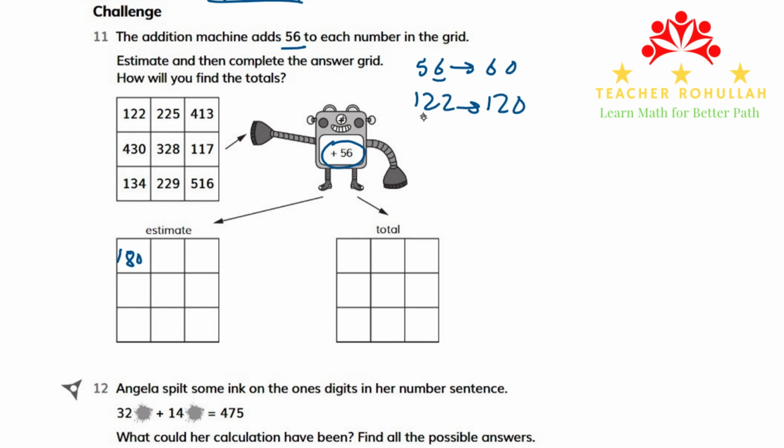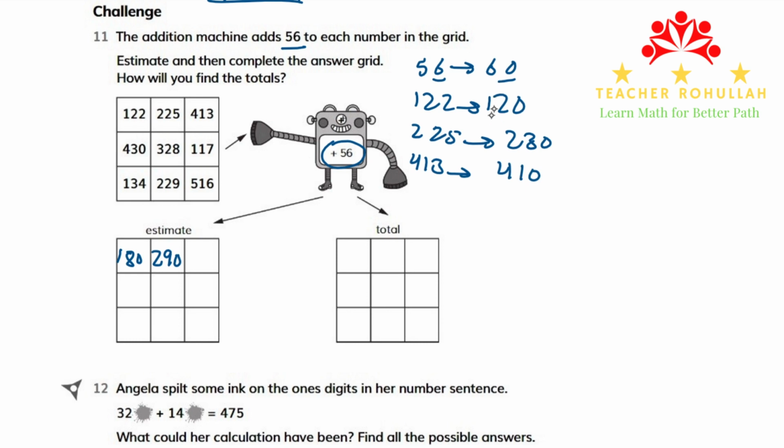The second number is 225. If we round, it rounds to 230. 230 plus 60 is 290. And the third one in the same row is 413. 413 rounds to 410.